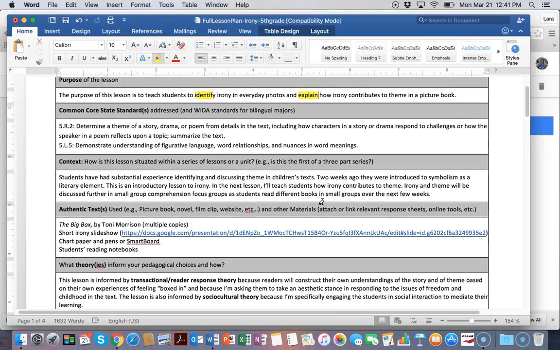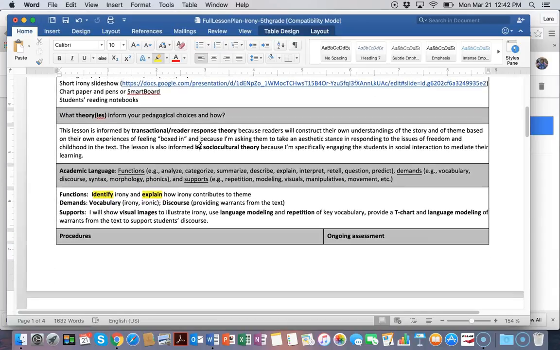I didn't mention this with the previous plan, but in the Common Core state standards, you'll probably see similar verbs, but they may not be exactly the same verbs that you have identified in your plan. So here, this Common Core state standard says determine rather than identify.